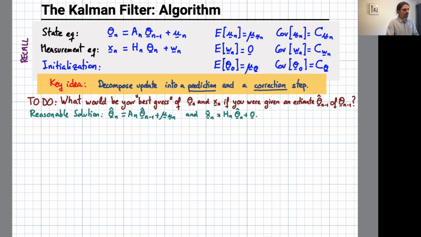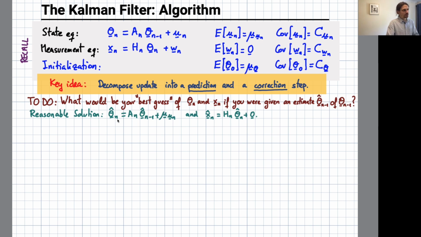And regarding xn, we will see that xn is given by this expression as a function of theta n, but we are not given theta n, right?